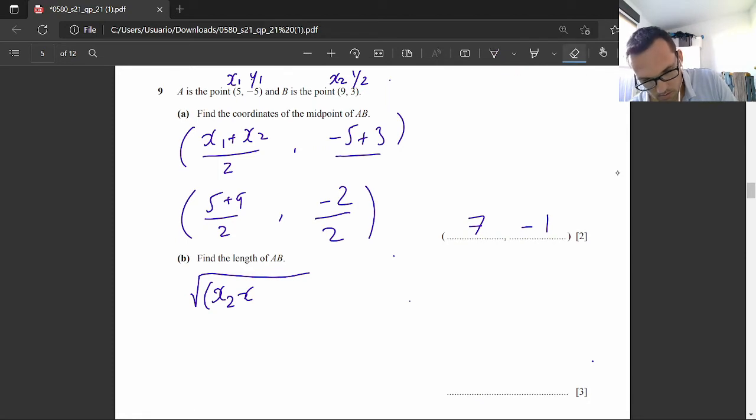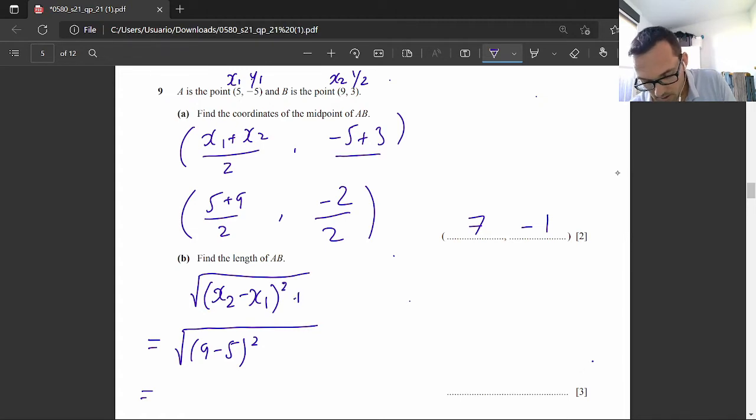Oh, made that a bit of a mess. Subtract the two x values, which is going to give us, what is that, 9 minus 5, which is 4, of course. Don't forget to square. Then adding to that the distance between the two y values, so that is y2 minus y1 squared for Pythagoras.